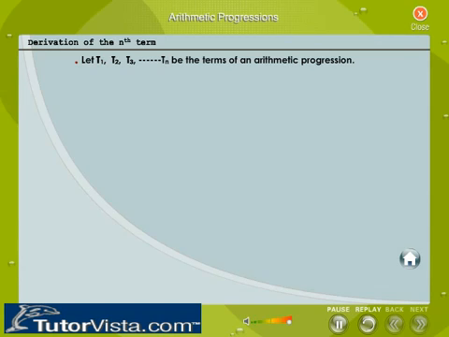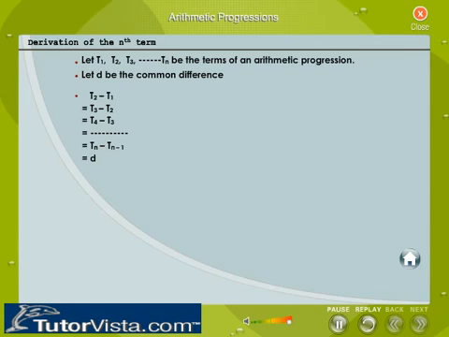Let T1, T2, T3 and so on up to Tn be the terms of an arithmetic progression. Let D be the common difference between the successive terms. T2 minus T1 is equal to T3 minus T2 is equal to T4 minus T3 and so on.